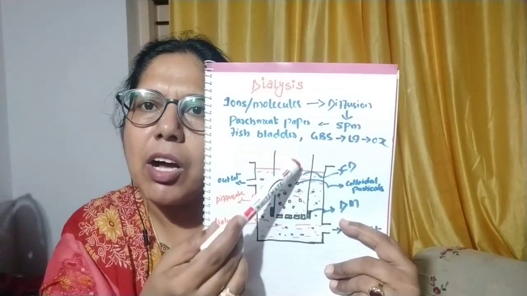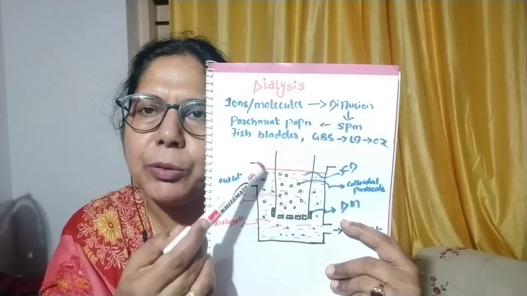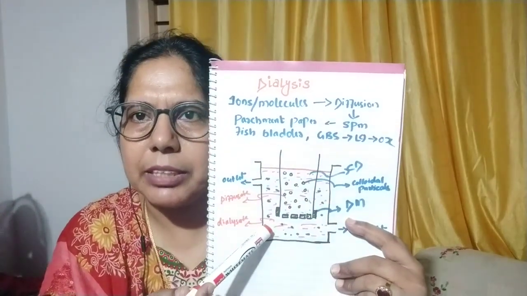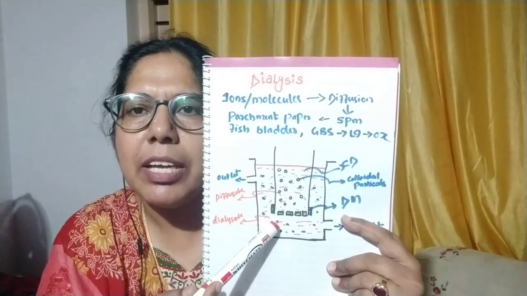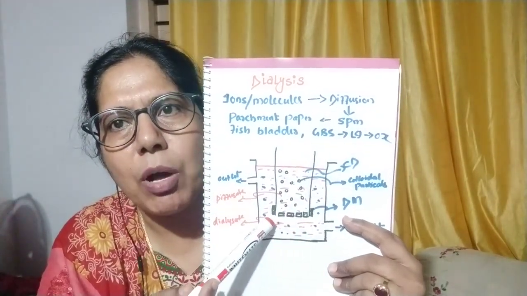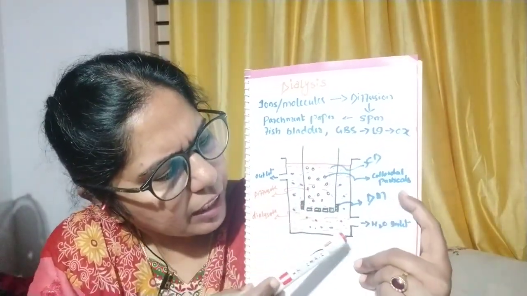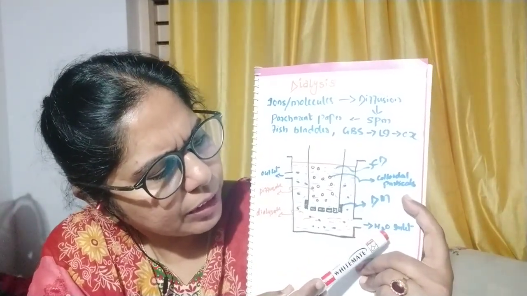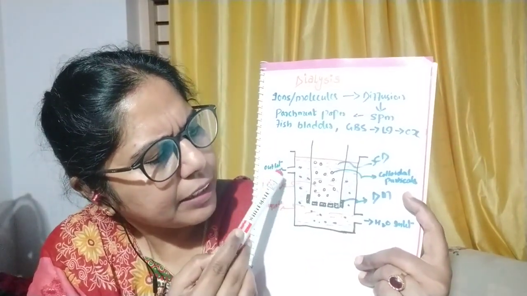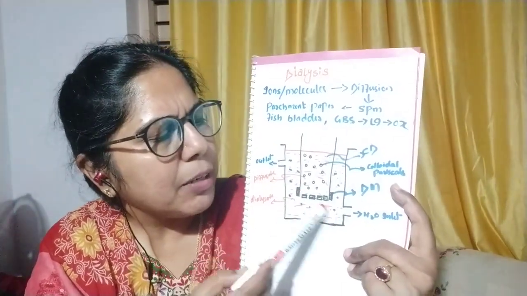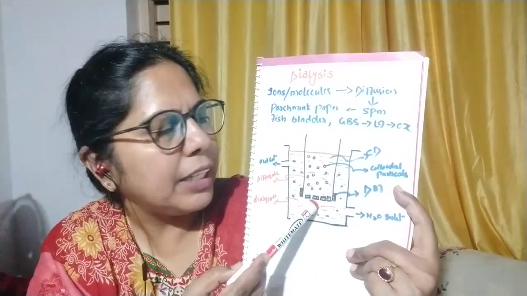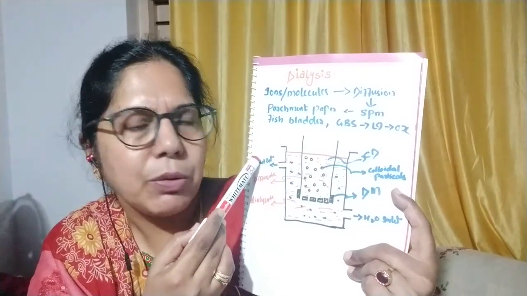Later on, this whole setup we have to put into another beaker or another large vessel in which there should be a continuous flow of water. You can see here I have shown the water inlet and water outlet. From here it is the water inlet, and from here water will go out.